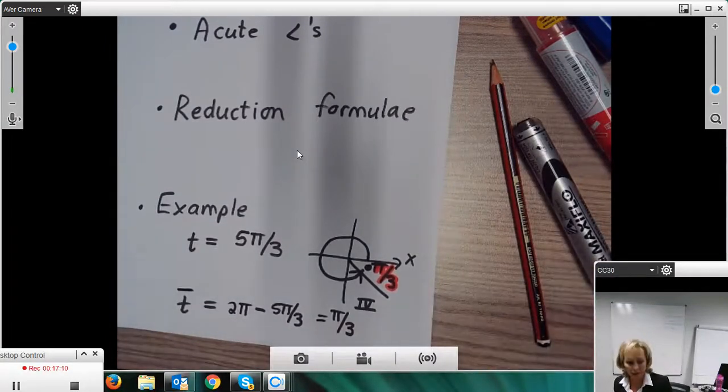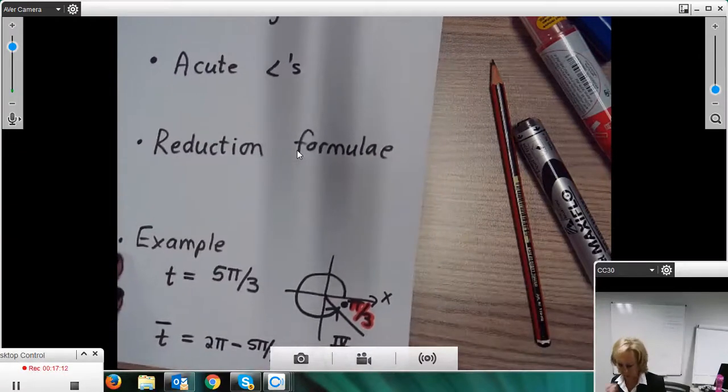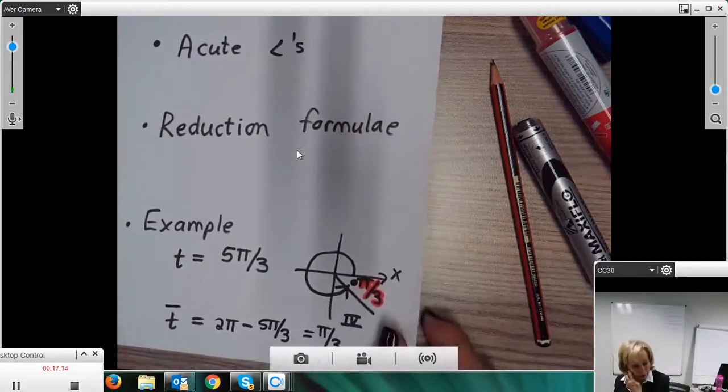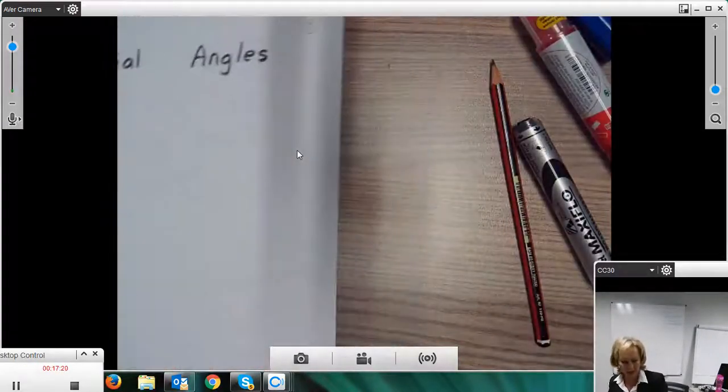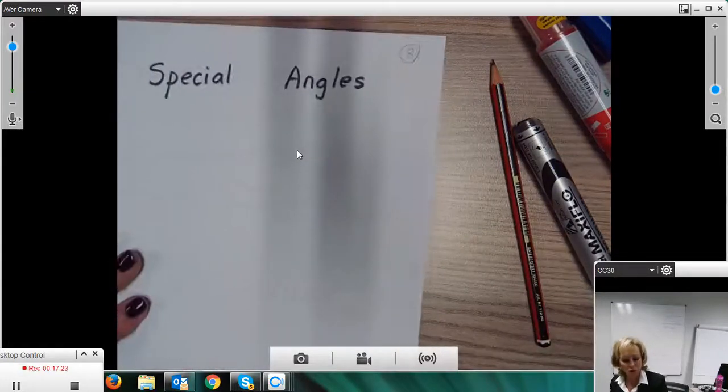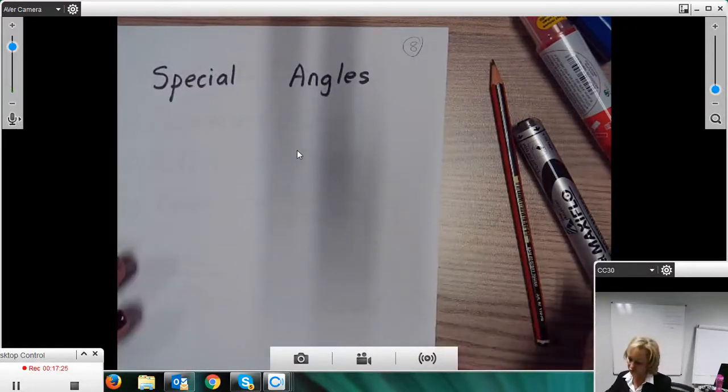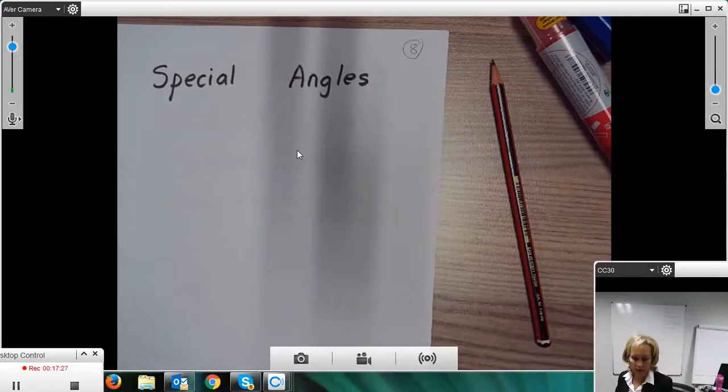So all angles can be reduced to reference angles. And because you're not allowed to use calculators in the exam, all your angles will be reduced to special angles. Special angles are these angles.